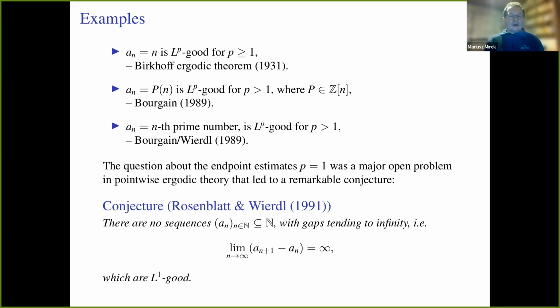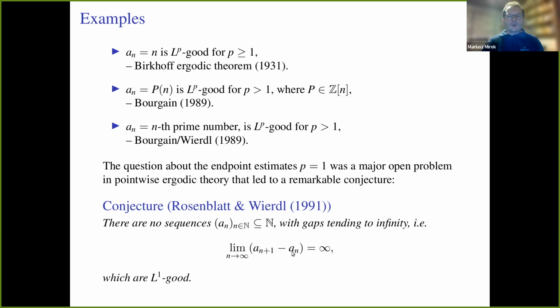The conjecture says that if we consider a sequence with gaps tending to infinity, in other words, if these differences diverge to infinity, then, let me put it this way: the conjecture states that there are no sequences of integers with gaps tending to infinity satisfying this condition which are L^1 good.